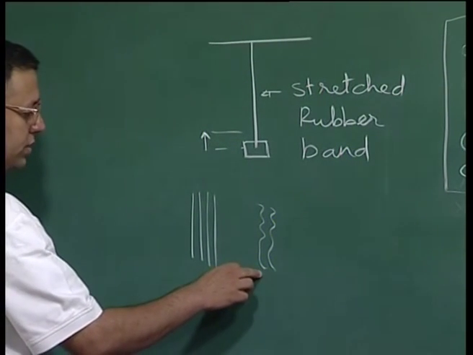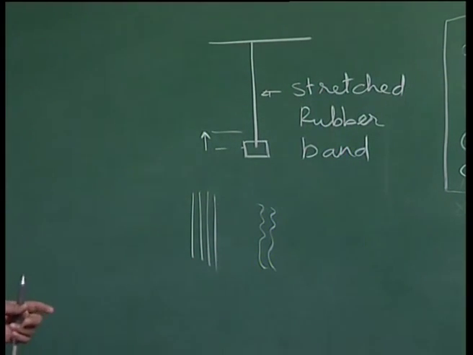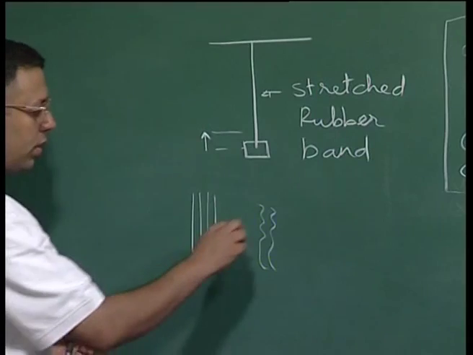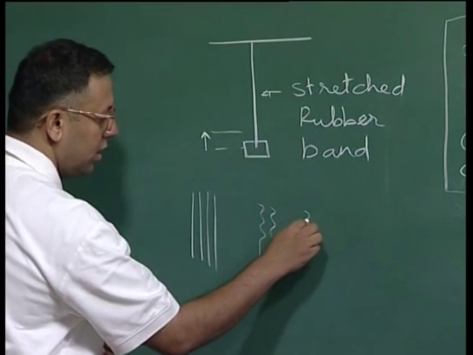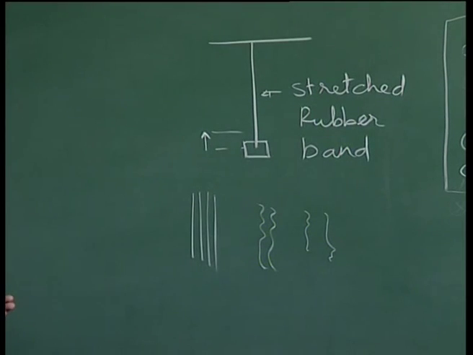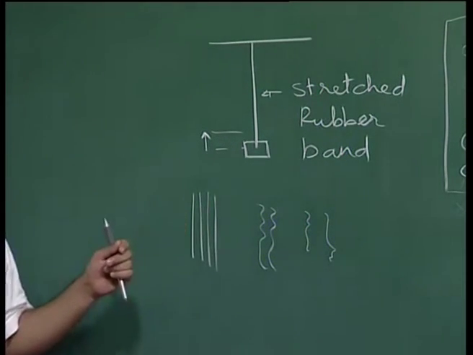In the coiled configuration, you can see that there are many permutations to this configuration possible. In other words, it becomes configurationally rich, because for instance, suppose I want to accommodate this curve, it could be here or it could be here, but any one of these configurations could lead to a shortening of the length.